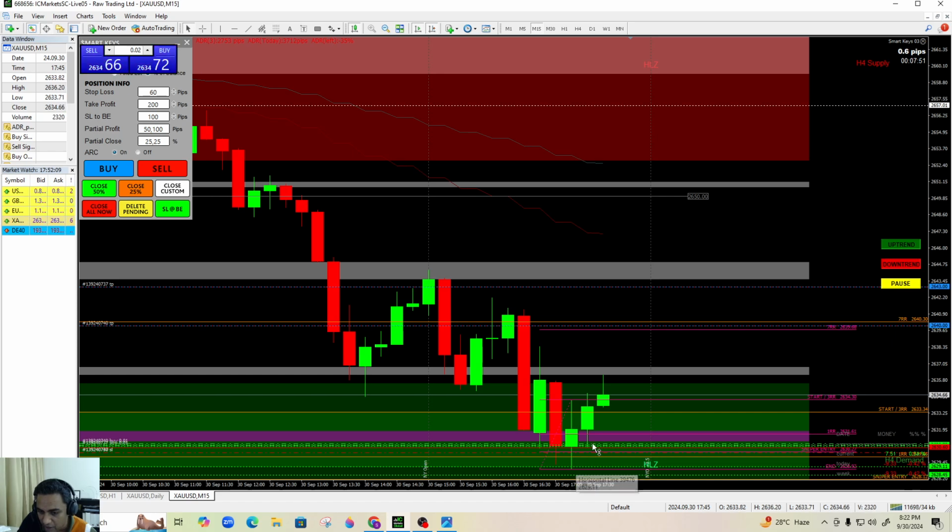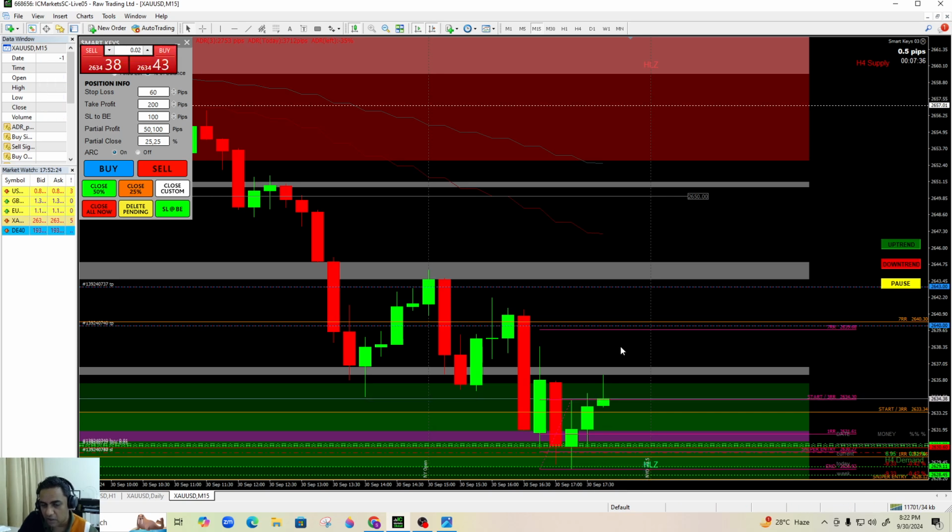And that's completely unnecessary when I've already closed partial positions here. So the best thing to do is put the stop loss under this candle, right? And if it gets hit, it gets hit. I take a very small 5 pip loss, and I come back tomorrow. Okay.